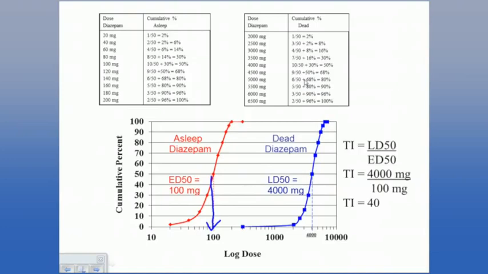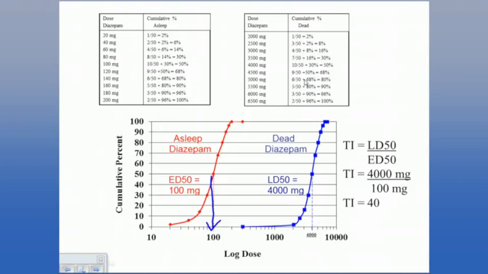So in order to calculate the therapeutic index, we do a mathematical comparison. And we say that the therapeutic index is equal to the lethal dose, the dose at which 50% of the lethality was demonstrated, divided by the effective dose, where 50% of the rodents experienced the effect that was intended. So the therapeutic index in this particular example is 4,000 milligrams, the lethal dose, divided by 100 milligrams, and the therapeutic index has no annotation to it.